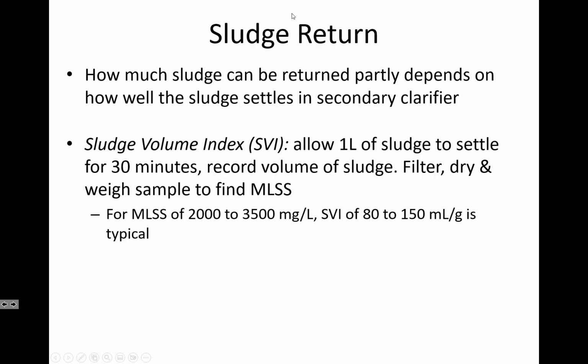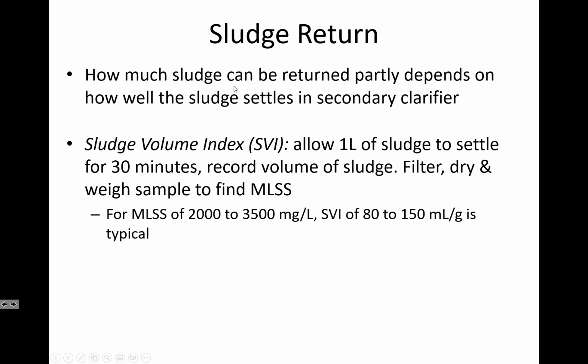Sludge volume index we briefly touched on when we were talking about settling performance earlier in the semester, and it's a way for type 3 settling to characterize how well the sludge is able to settle. And remember, the three different types of settling.